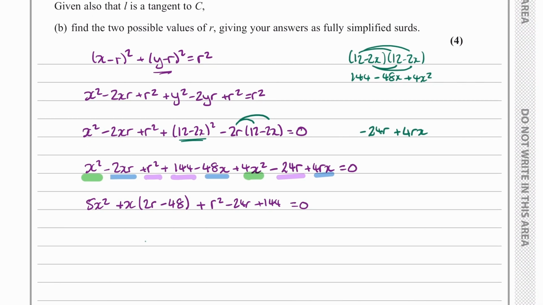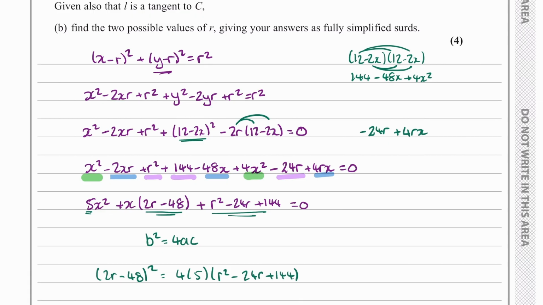If it has one solution, then b squared will equal 4ac. This will be our b term, our a term, and our c term. So 2r minus 48 squared will equal 4 lots of a multiplied by the c, the r squared minus 24r plus 144.